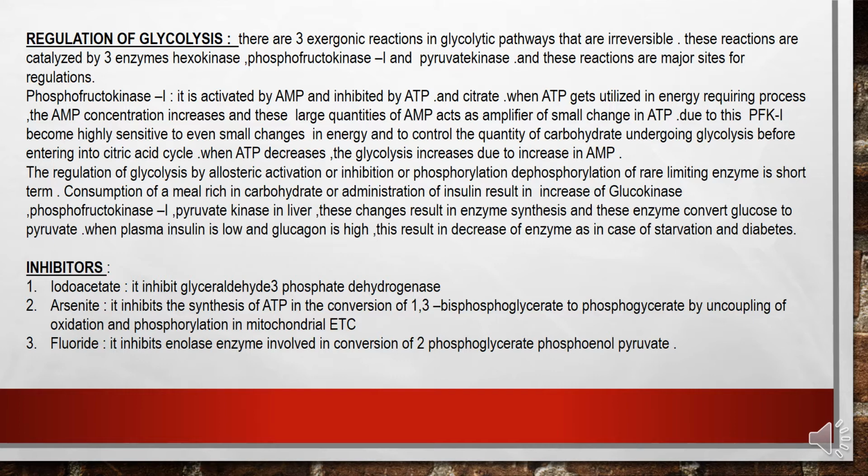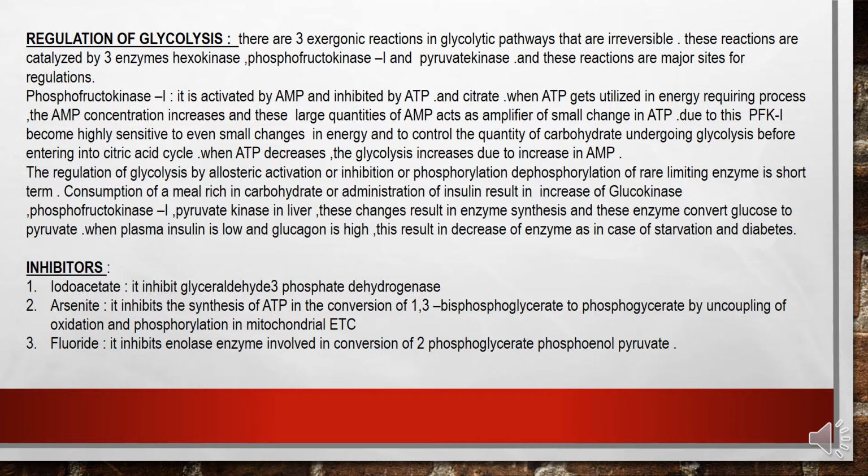Due to this, PFK1 becomes highly sensitive to even small changes in energy, and controls the quantity of carbohydrate undergoing glycolysis before entering the citric acid cycle. When ATP decreases, glycolysis increases due to the increase in AMP.